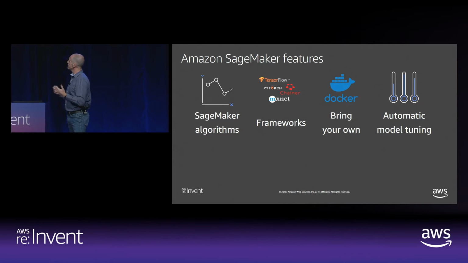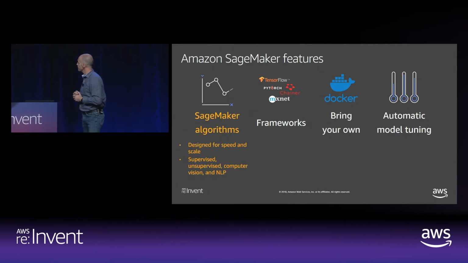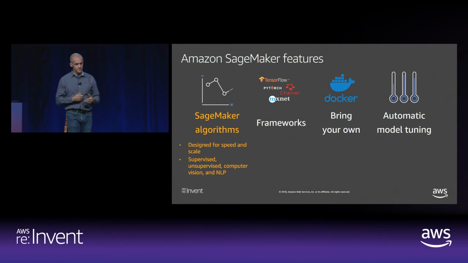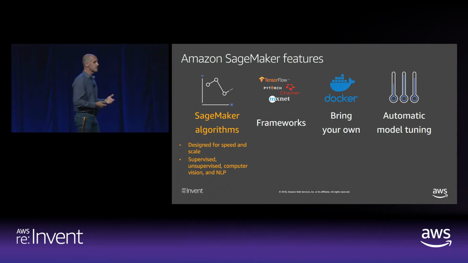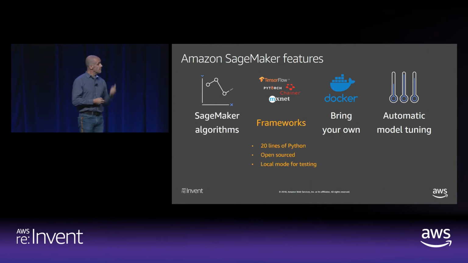So again, looking at the features, we have algorithms designed for speed and scale. And these algorithms encompass supervised learning, unsupervised learning, computer vision, and NLP. These are very easy to use. We created them. You can use them to train your own models as a baseline. But if that's not enough, if you want more control, you can bring your own model.